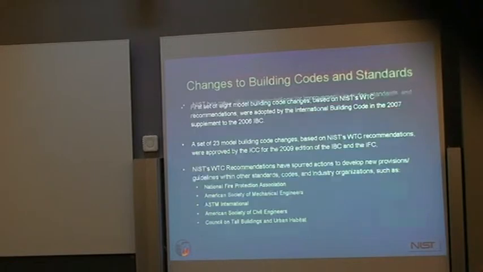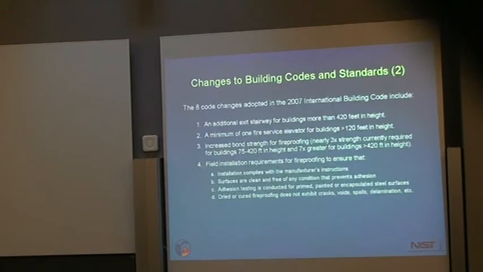Most of these have been already implemented over the past 4 or 5 years into our system of codes and standards in the US, in particular the IBC, the International Building Code, and this is just an example of what happened in 2007, where a lot of our recommendations have been accepted. Some of these are big time changes, they're not small changes.